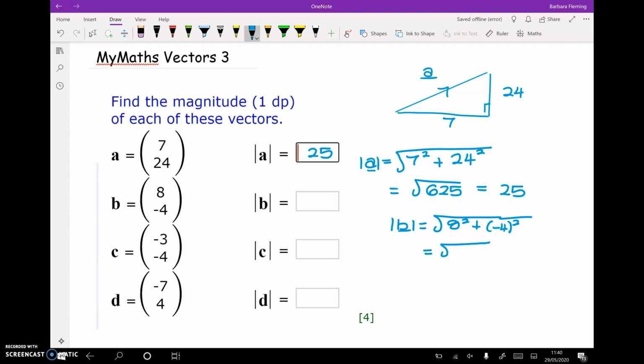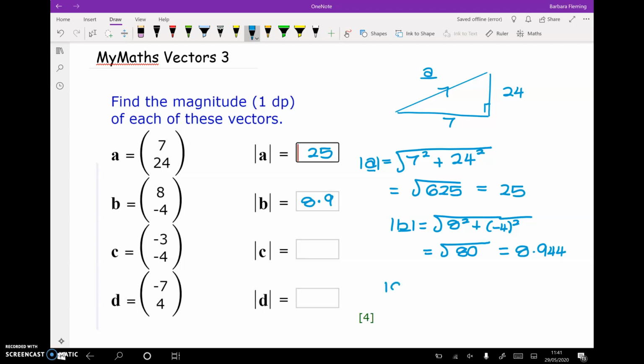I'll do 8 squared plus negative 4 squared, and that will give you 80. Got to make sure you type that in carefully. And then we find the square root of 80. My calculator gives me 4 root 5, but I'm going to press my change button. That's 8.944, and to one decimal place, I know that that is 8.9.